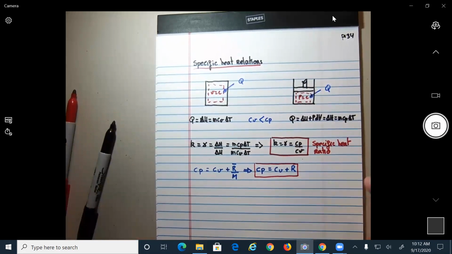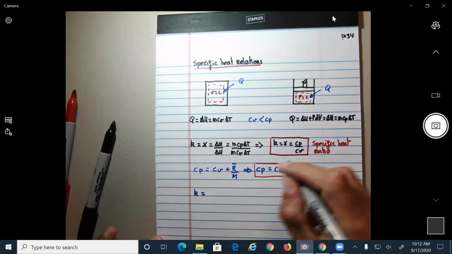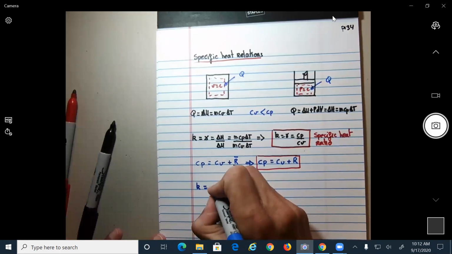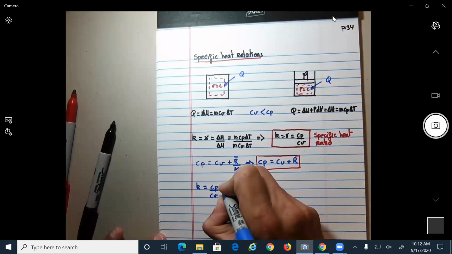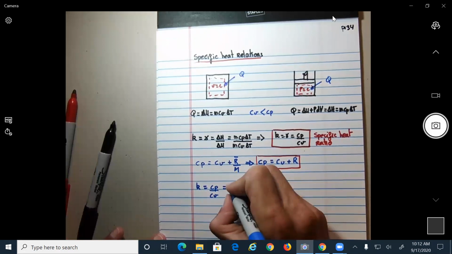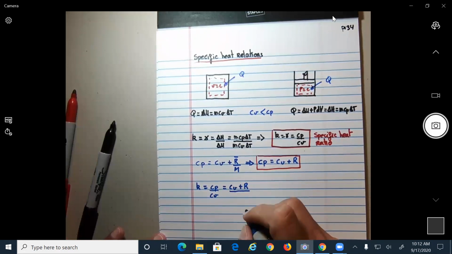So using these two equations, it's very simple now. You can say that K or gamma equals Cp over Cv. What is Cp? It's Cv plus R, divided by Cv.